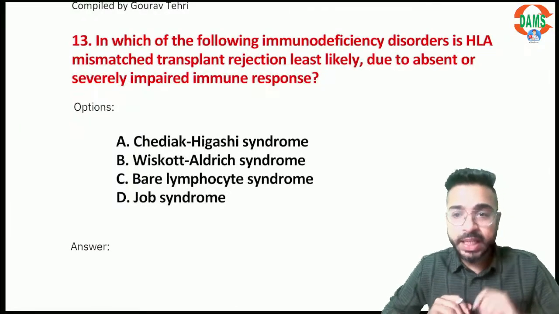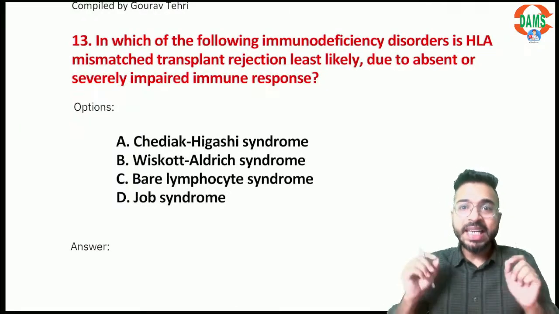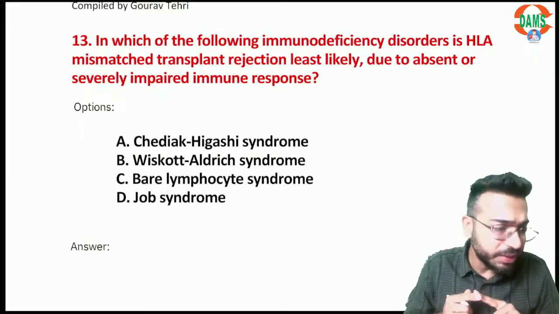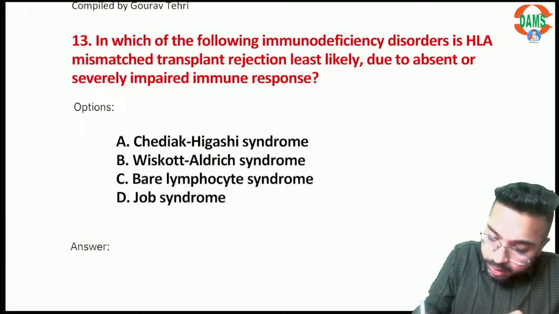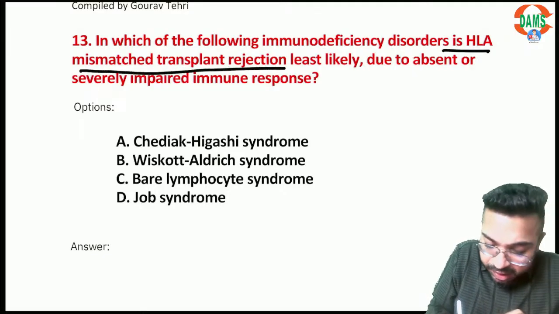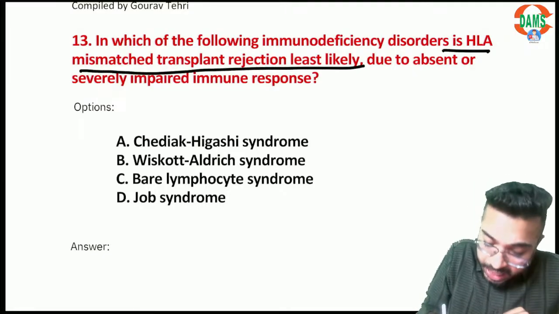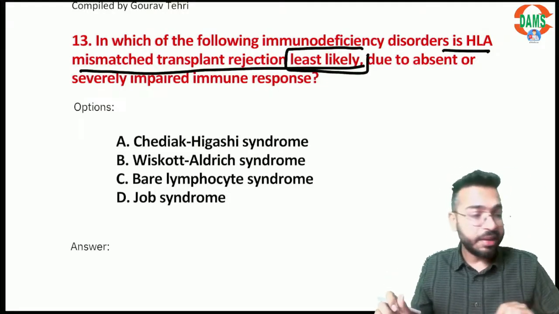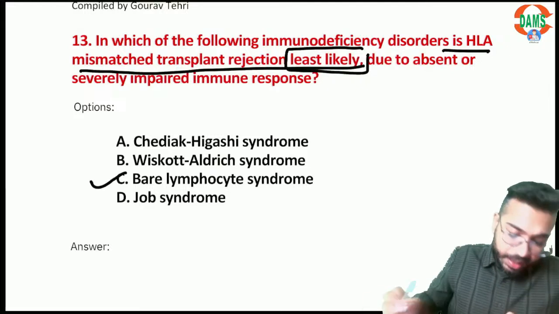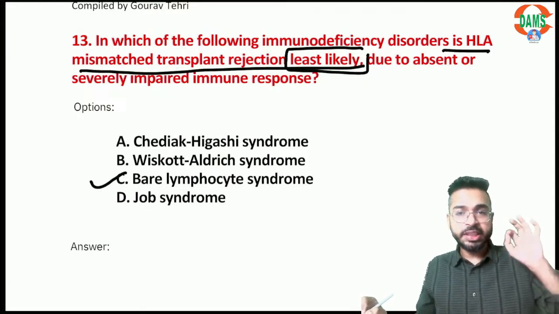Which of the following immunodeficiency disorders is HLA mismatched transplant rejection least likely? I really hope you would have read this word, least likely. And the answer would be Bare lymphocyte syndrome. Straight question. Check back to basics.